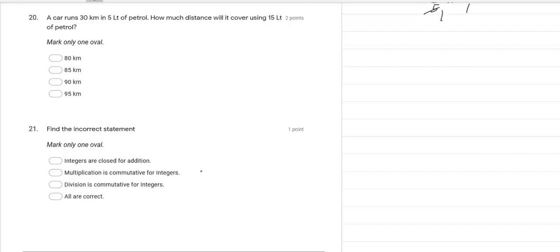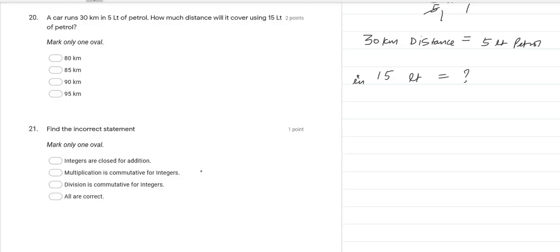Now a car covers a 30 kilometer distance in 5 liters of petrol. What are they asking now? How much distance will it cover using 15 liters? So in 15 liters we have to find how much distance.